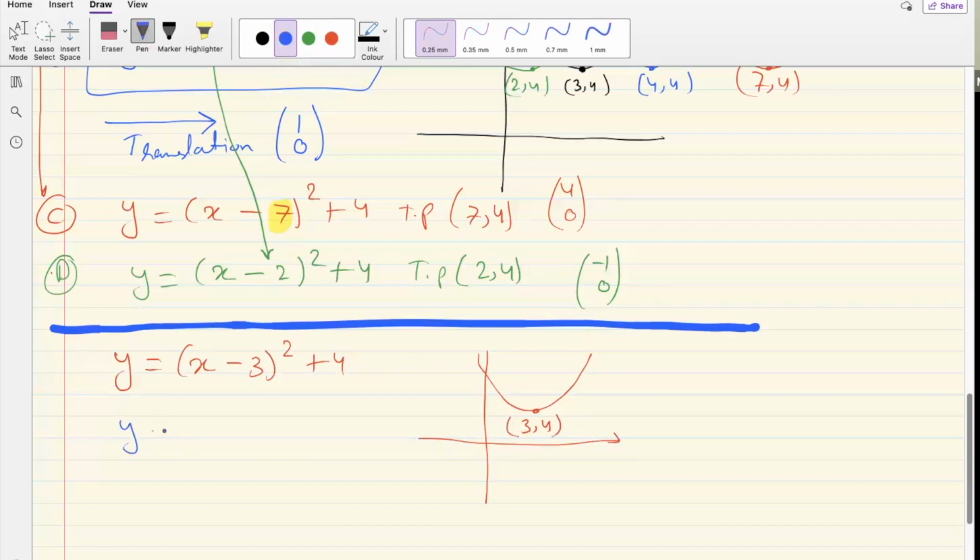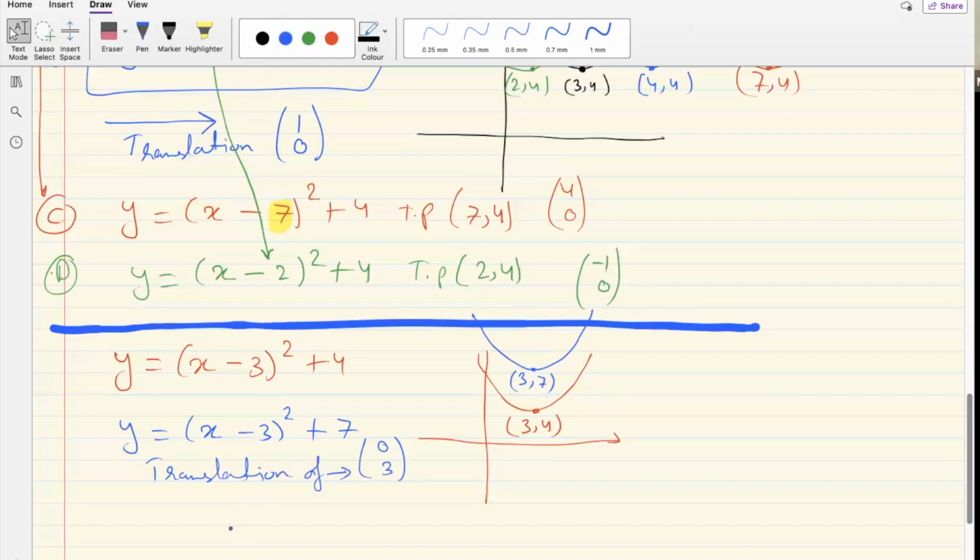New equation, y = (x - 3)² + 7, and the graph will look like this, x 3, y 7. Is it okay? No change in the x-axis, only the y-axis changed. So the translation vector will be x 0, y 3. Translation of (0, 3).